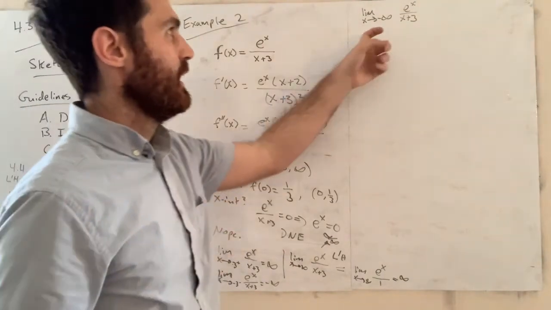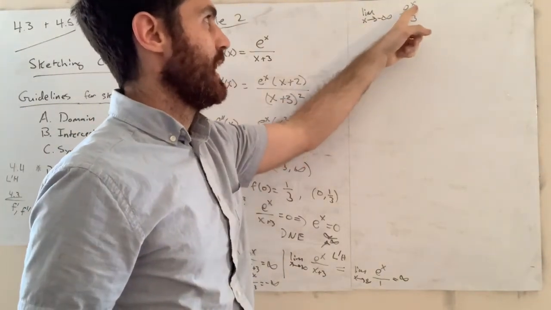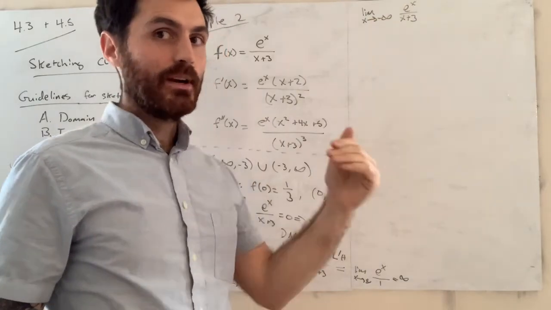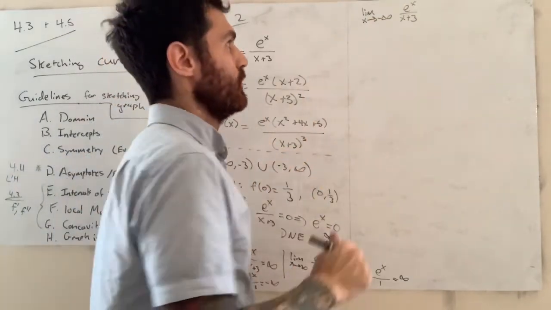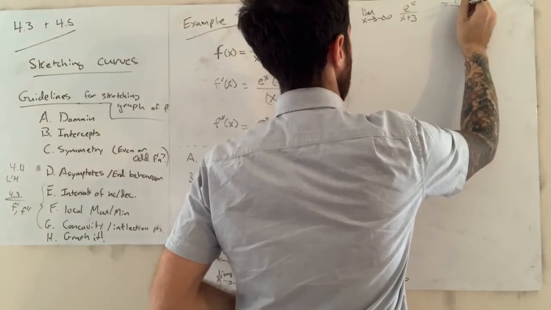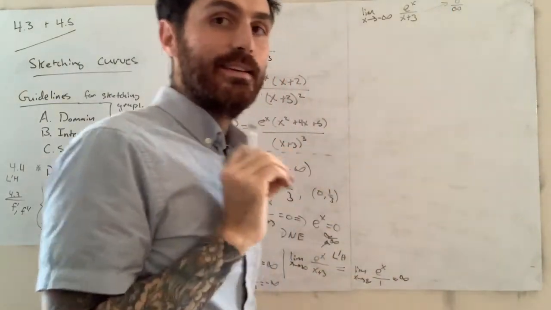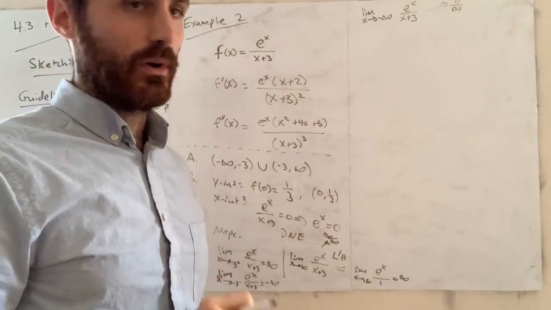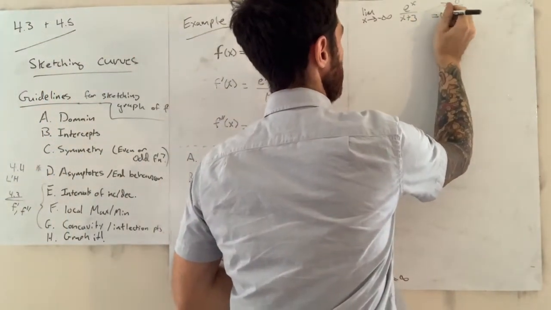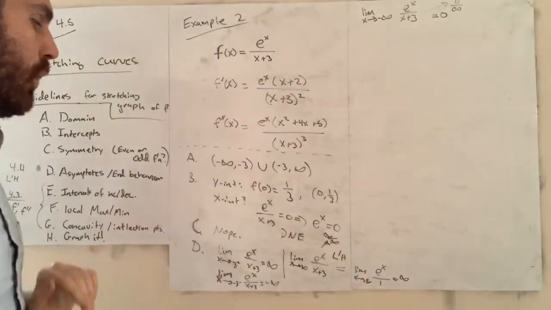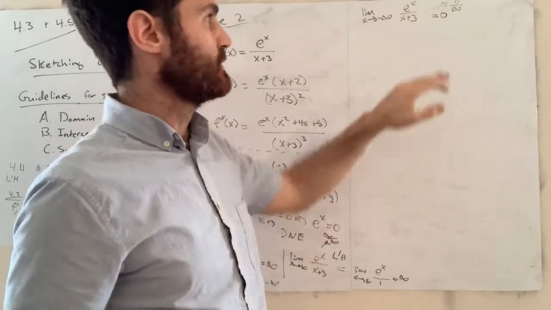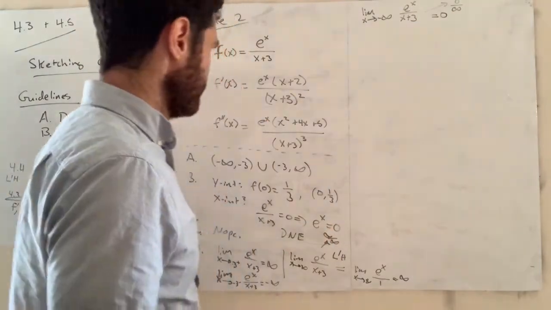Because remember, if I take the limit as x goes to negative infinity, e to the x goes to 0. So what am I getting? I'm getting 0 over infinity. This is not an indeterminate form. This means your limit is going to go to 0. So what that implies is that you have a horizontal asymptote at 0.